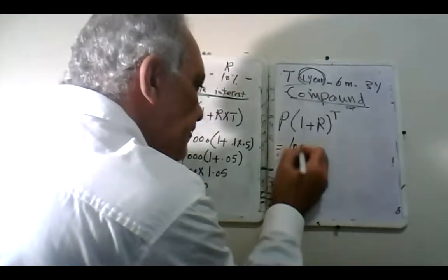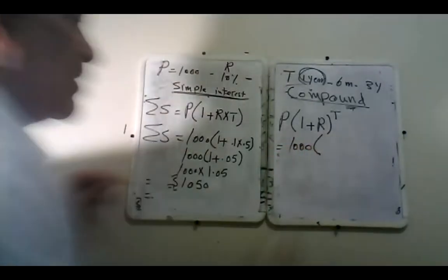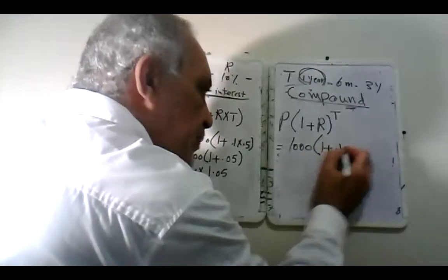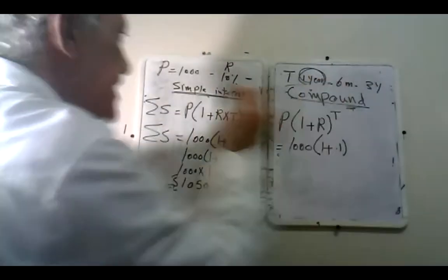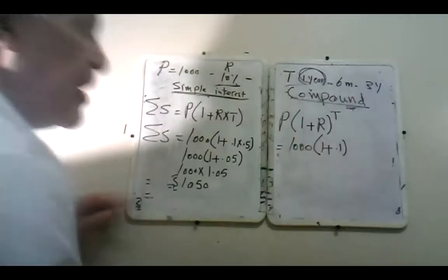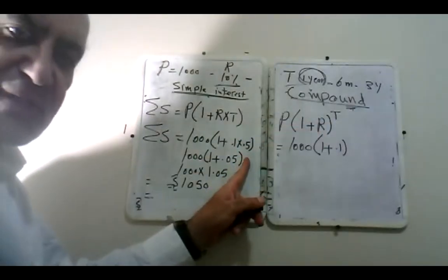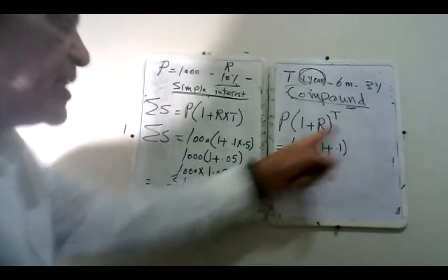The P, the principal, is 1,000. Then 1 plus the R, the rate, is the same thing. The rate is 0.1, which is 10%. But now the T, the 0.5, will not be inside like the simple interest. It will be the power of the whole bracket.